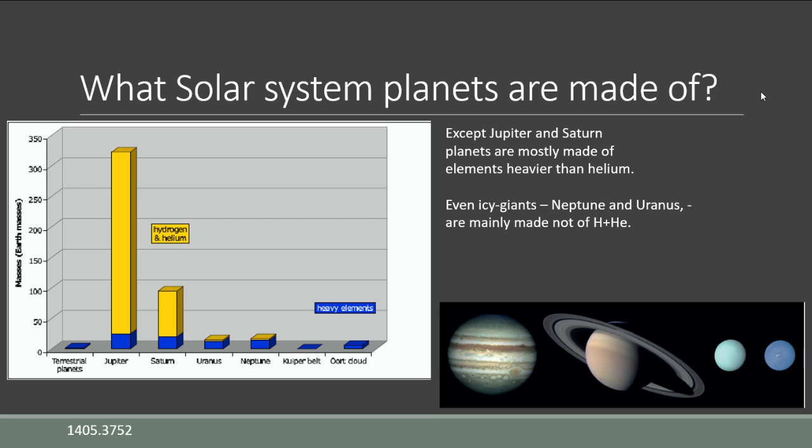Okay. About the composition, I want to underline that in the solar system, and it's typical, definitely, only the gas giants, only Jupiter and Saturn, are dominated by hydrogen and helium. All other planets, including Uranus and Neptune, are dominated by heavier elements.